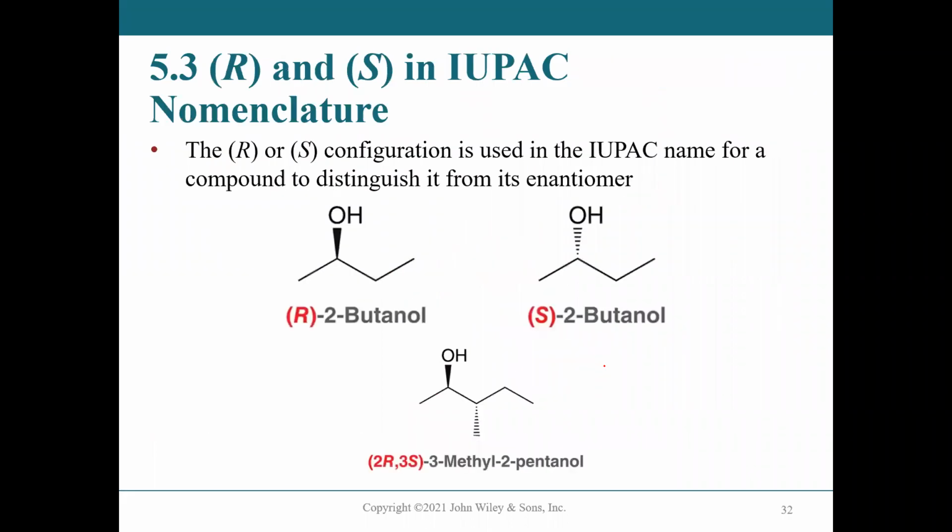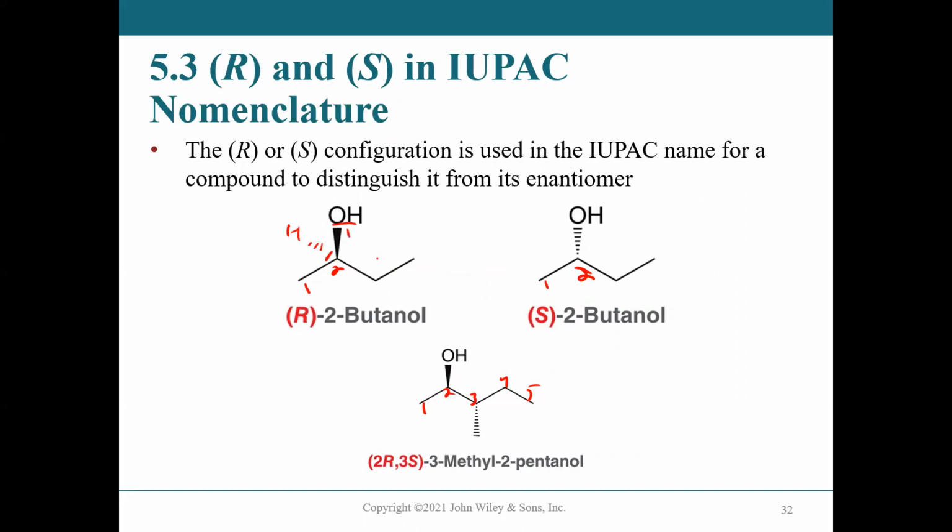All right, so they give you the answers here. How do you even get 2? Okay, you get 1, 2, 1, 2. Here we go: 1, 2, 3, 4, 5. So you have 2-butanol. That means there's a hydrogen coming out here, right? So here's your larger priority.